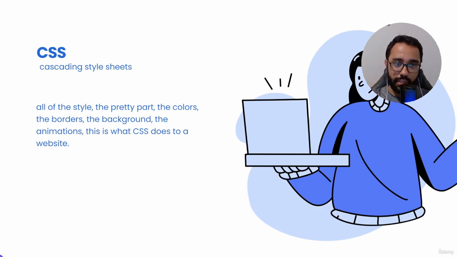So all the styles, the pretty bar, the colors, the borders, the background, the animations, this is what CSS does to a website. And as the name says, it is cascading style sheets, so it works as a cascade from the first line of code to the last line of code. The one that prevails is the last line of code. It will override the first ones if you repeat the same property. But you will understand more about that when we start to learn about CSS.